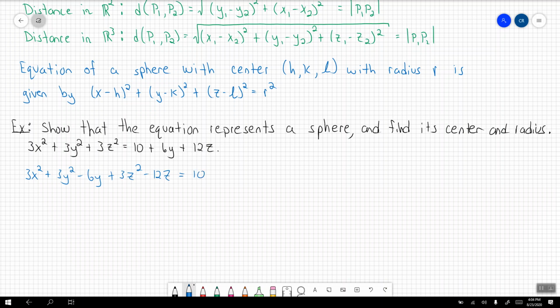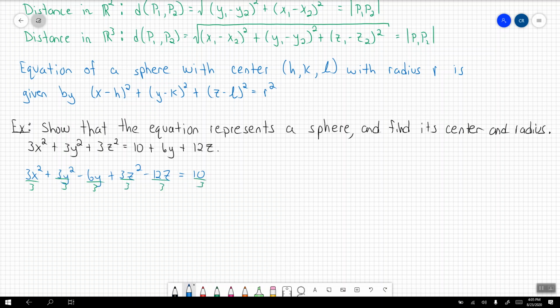Very nice. The second thing you want to do, in this particular case, because all of the x squareds, y squareds, and z squareds have a factor of 3, is divide the whole equation by that 3. So I'm going to divide every single term by 3.